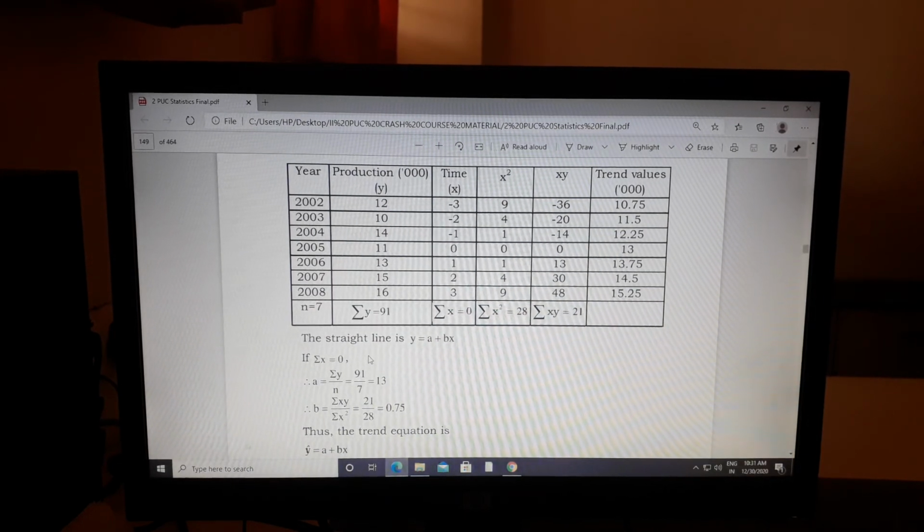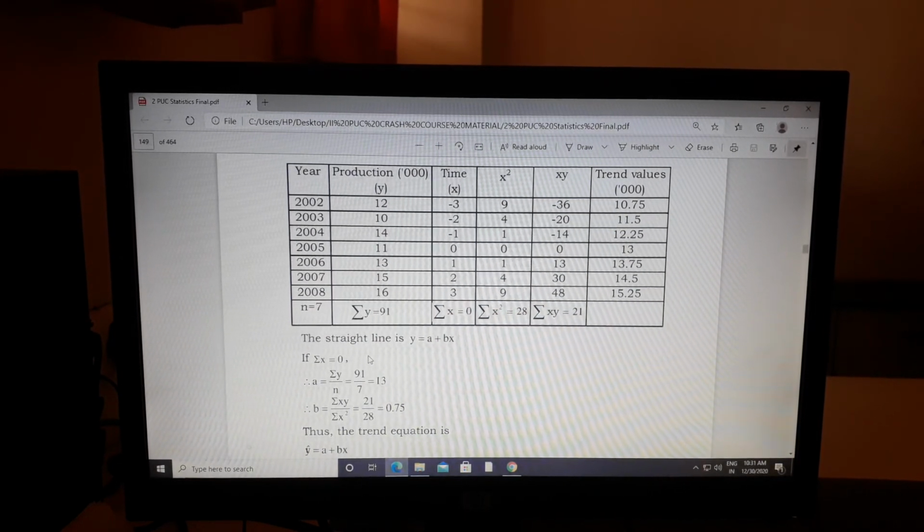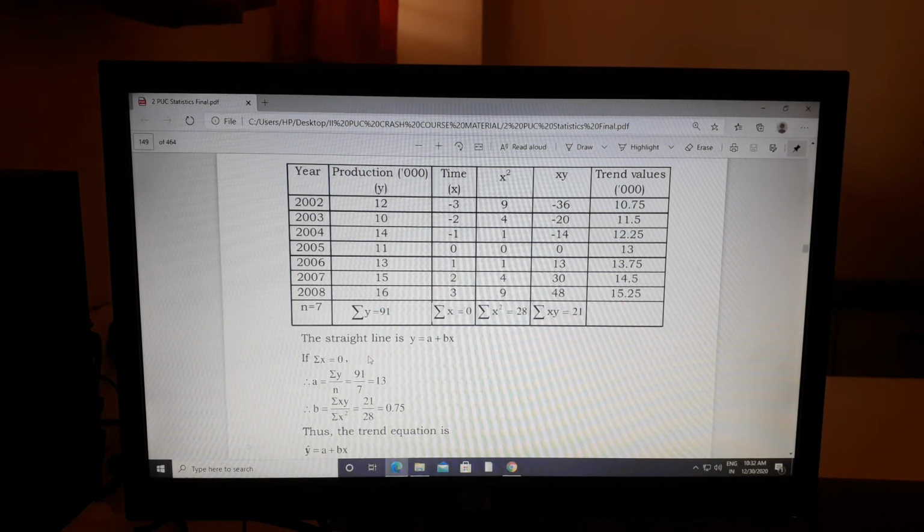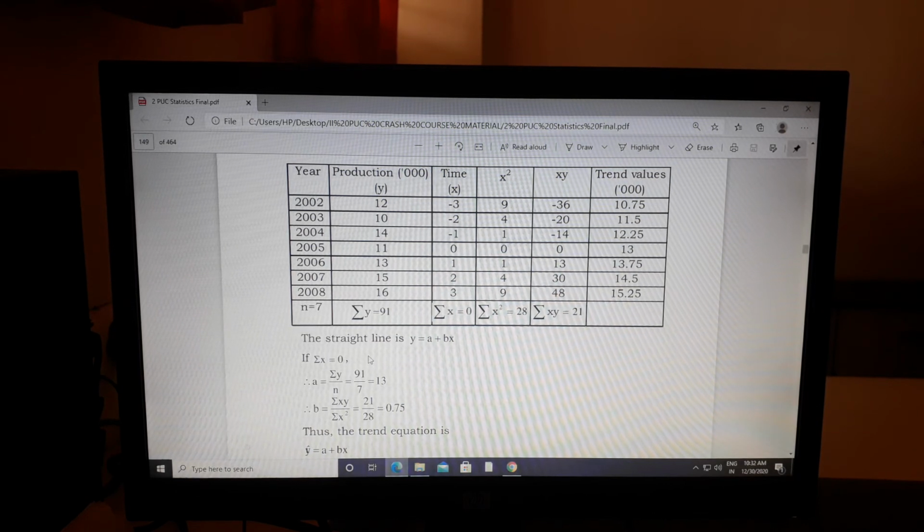Here one logical thing I'll tell you. When the observations are odd in number, definitely you will be getting the middlemost term, right? So straight away you can take the middlemost term as 0, and then the above values minus 1, minus 2, minus 3, and the below values 1, 2, 3. When in case of odd number of years are given, but when in case of even number of years are given, middlemost value cannot be identified.